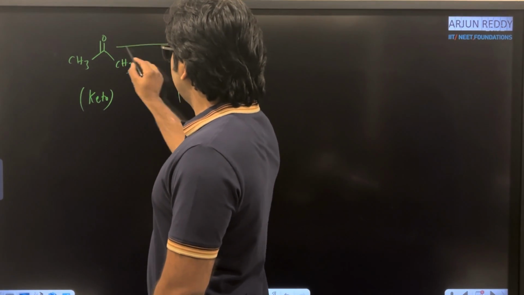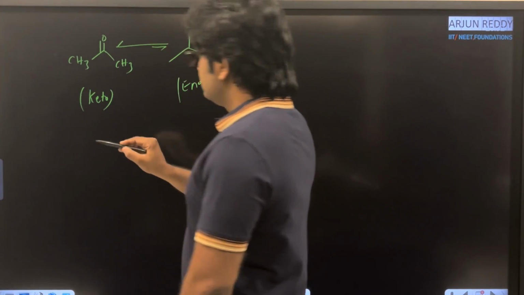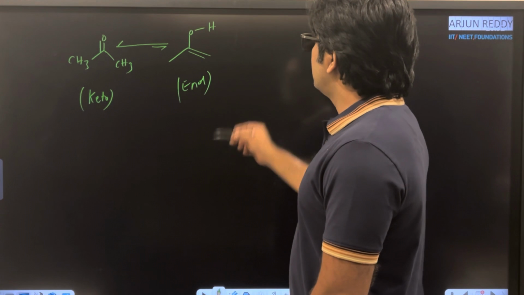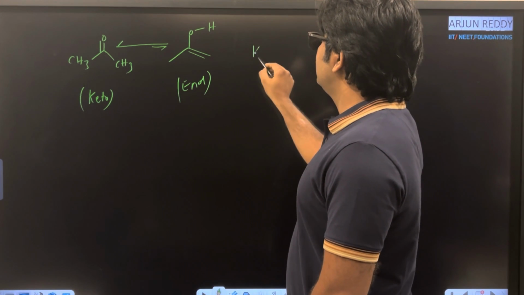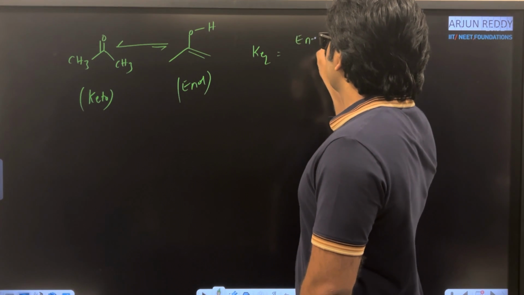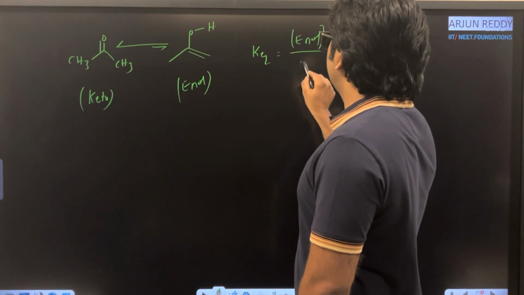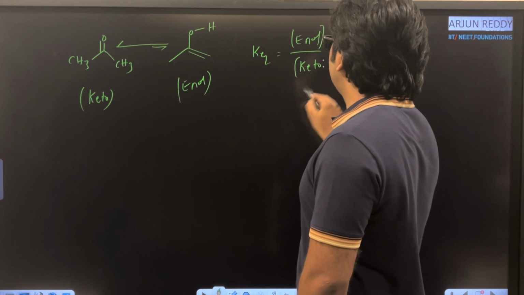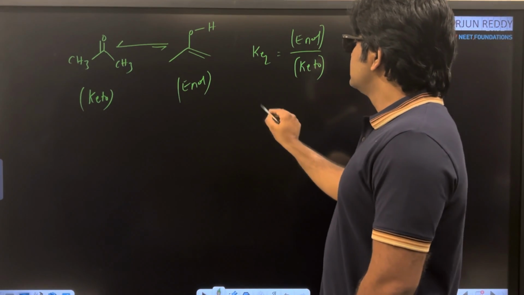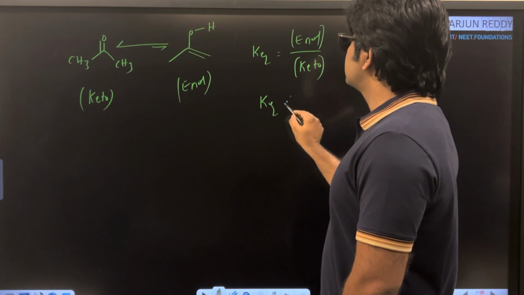In that case, according to bond strength, the keto form is more dominating compared to the enol form. According to the bond strength criterion, the equilibrium constant can be expressed as the concentration of enol by the concentration of keto form. So what is the equilibrium constant value?